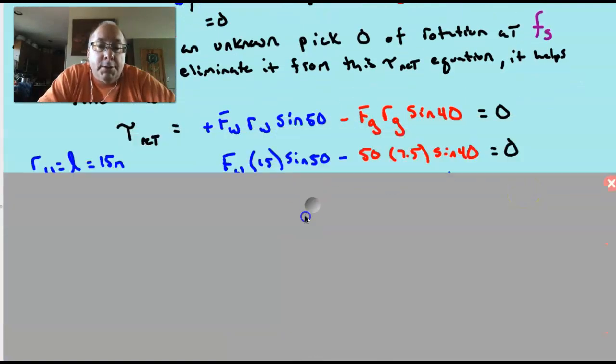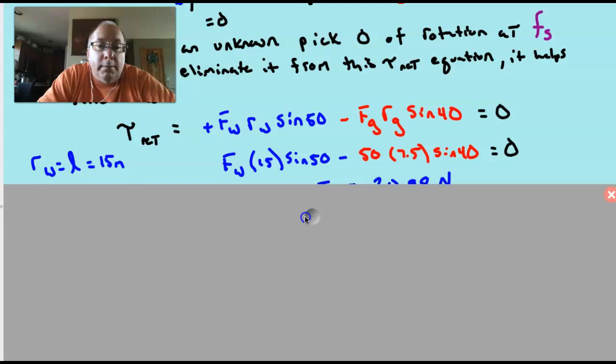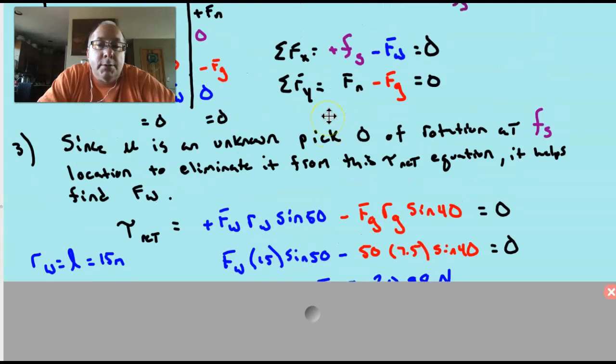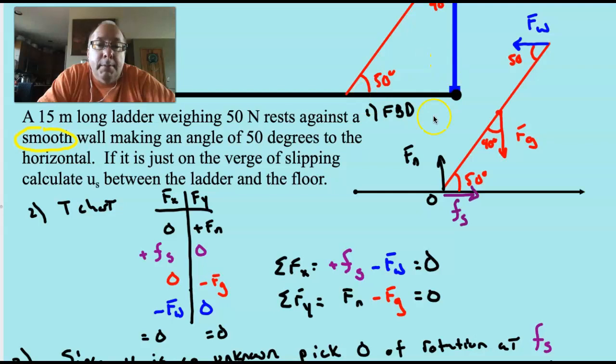All right. So we want to write our net torque equation. The only two torques we'll have are from the wall, at the lever arm, the ladder length, that the wall is pushing on it from O, times sine of 50. You can see that the angle being made here is 50 degrees with the horizontal.